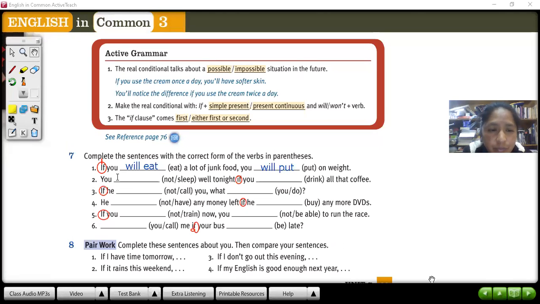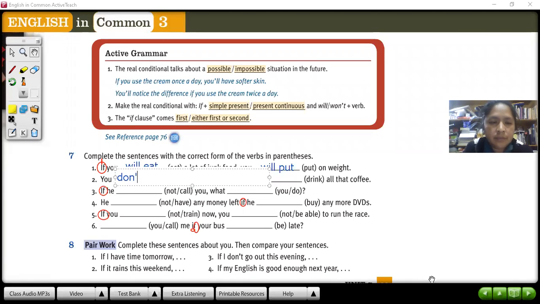Next, number 2. You don't sleep well tonight. Yes, you won't sleep. Ah, yeah.